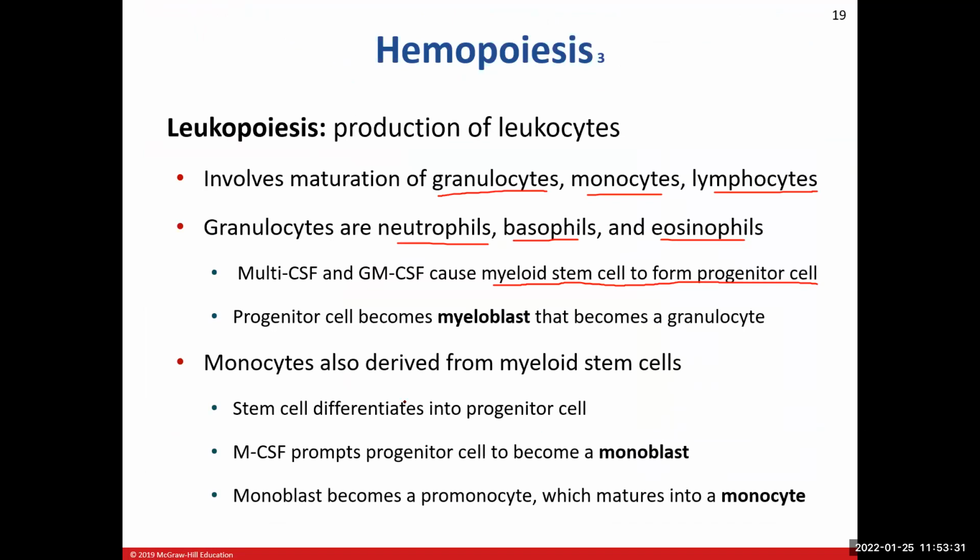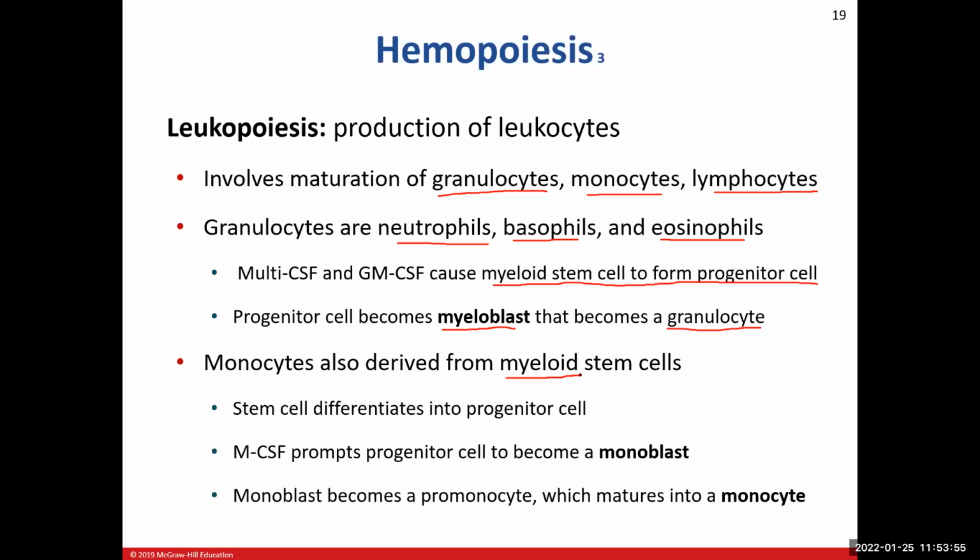When we're talking about our granulocytes, the progenitor cell will first become a myeloblast, and then it'll form one of the three types of granulocytes: a neutrophil, basophil, or eosinophil. If we're talking about the monocyte line, we're still dealing with the myeloid cell line.